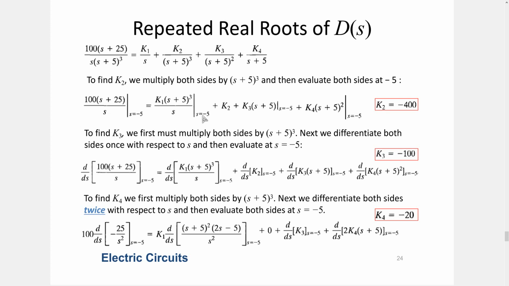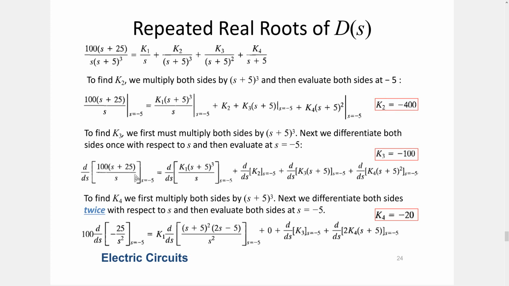So if we do the math, 100 times (s plus 25) divided by s at s equals minus 5 equals k1 times (s plus 5) to the 3 divided by s at s equals minus 5, plus k2, plus k3 times (s plus 5) at s equals minus 5, plus k4 times (s plus 5) squared at s equals minus 5. When we substitute these values, we get k2 as minus 400. Thankfully, most of the terms are zeroed out, so we end up with k2.